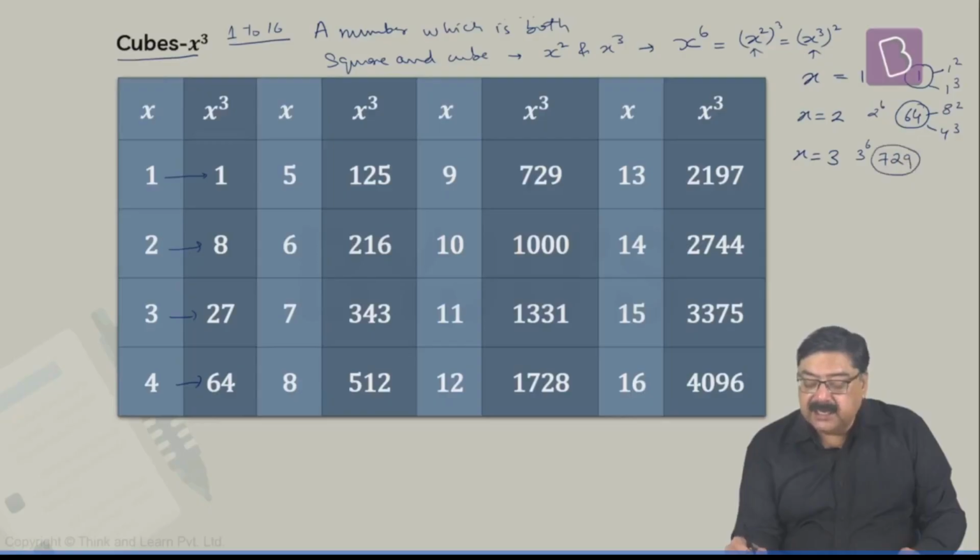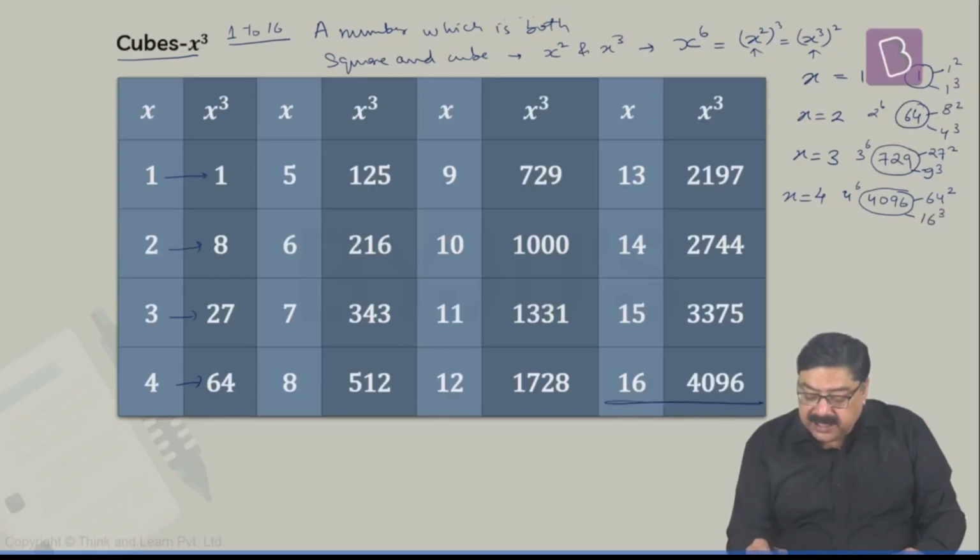Now 729 is 27 square as well as 9 cube. And when you put x equal to 4, then 4 raised to 6 is 4096, which is 64 square as well as 16 cube, as you can see here.